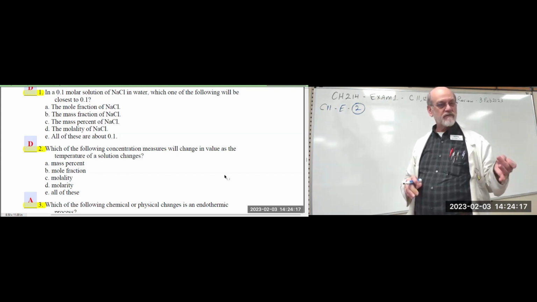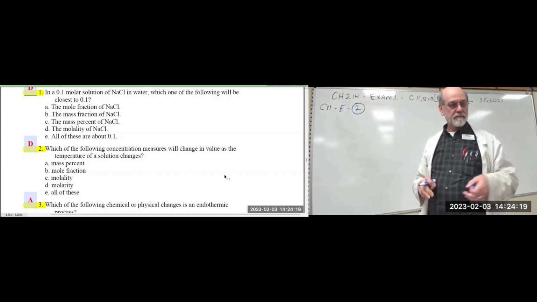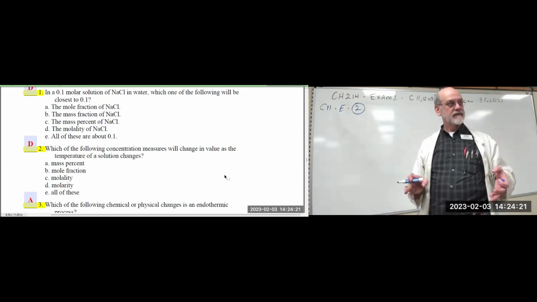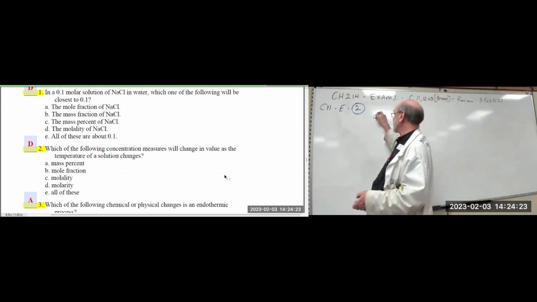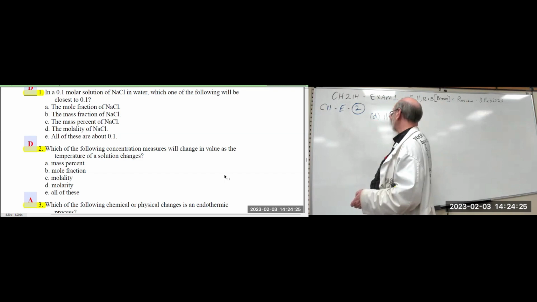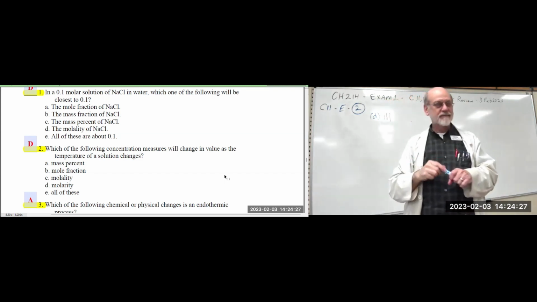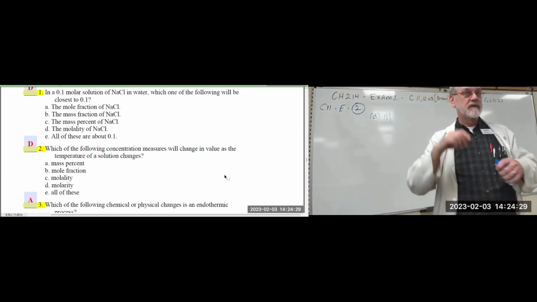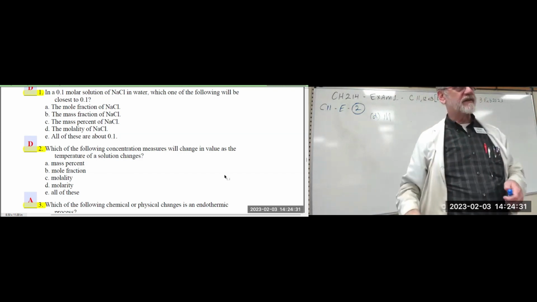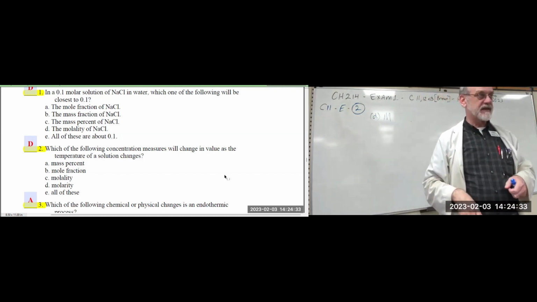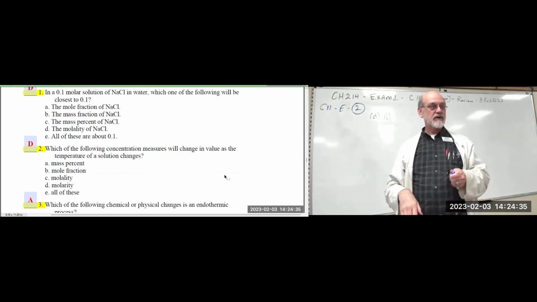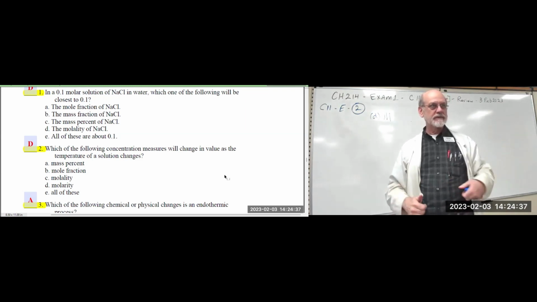So which one of those has volume associated with it? Molarity. That's why D is the one that's affected by temperature, and why we don't use it in our experiment today. We use molality in our experiment because it's unaffected by temperature.